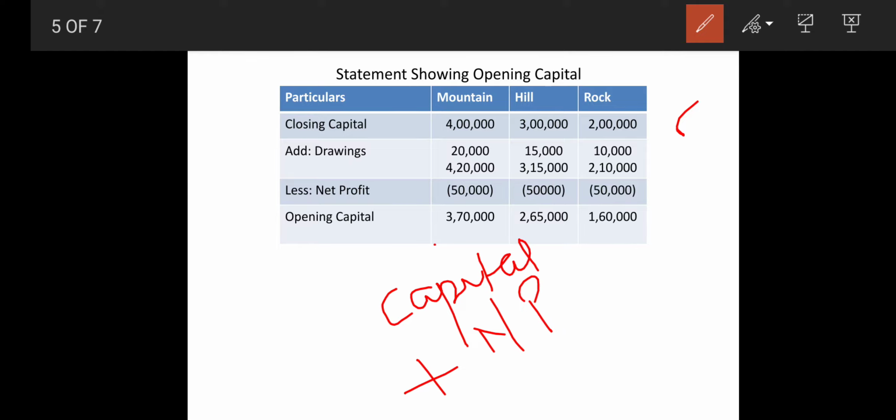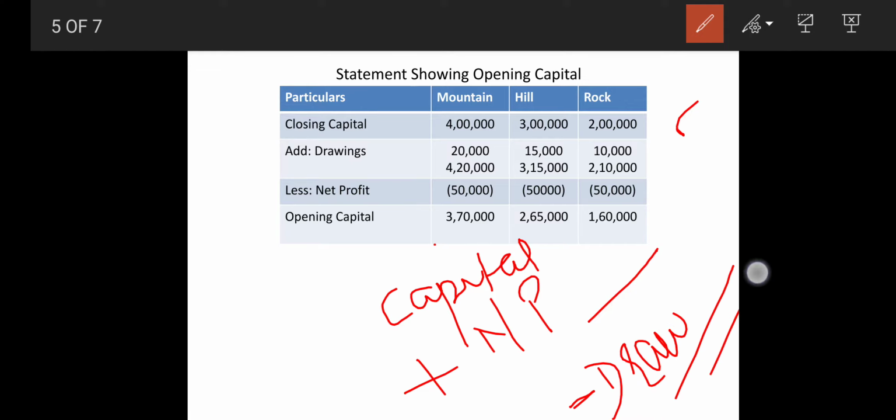Then add net profit, whatever you get, then less drawings. If you remember this technique, you will come to know that in the balance sheet final figure we used to take it outside, right? Final figure is termed as closing capital. So we are going to do reverse of this method. Reverse of this method means what?